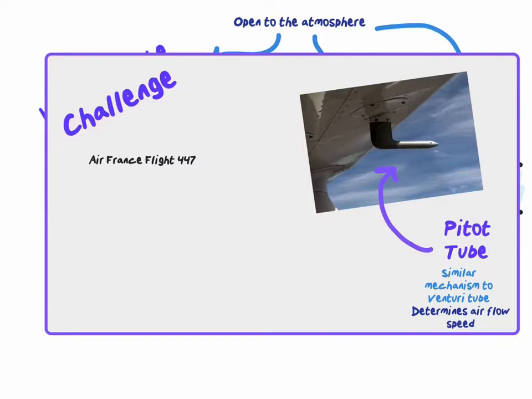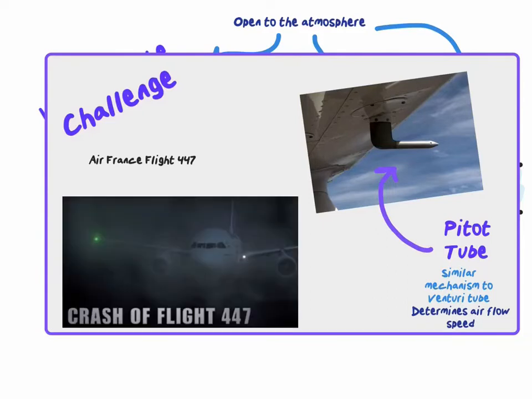So I'm going to offer a link here to try to access this amazing Nova PBS documentary on the crash of Flight 447. I highly recommend watching this documentary and then doing some investigating yourself to find out if the team of engineers that Nova put together before the actual black box and final results were found, to see how close they were in their analysis of what had gone wrong and caused the flight to crash.